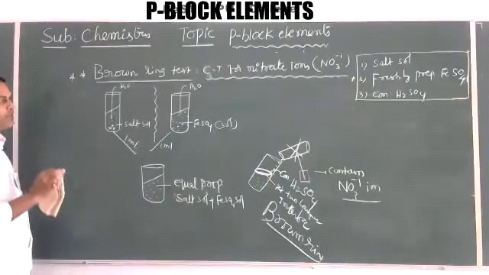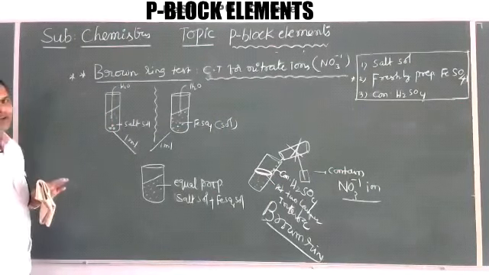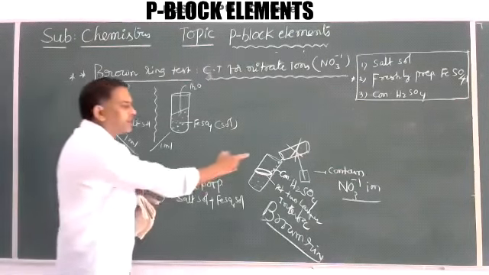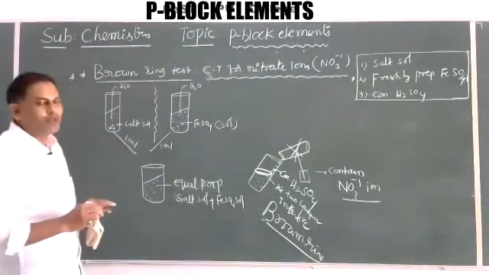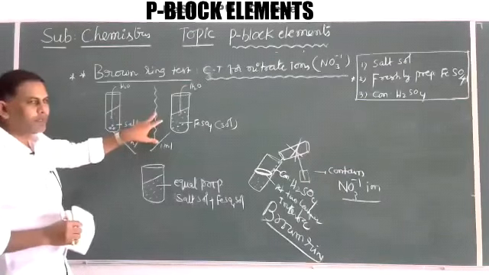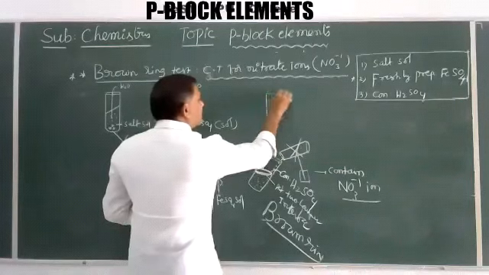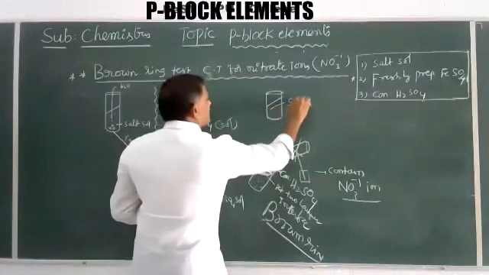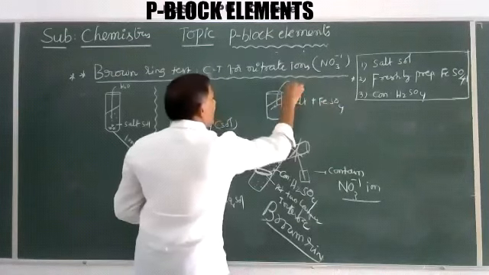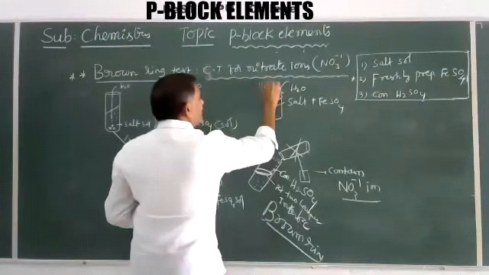So while doing this experiment, carefully prepare the salt solution and the freshly prepared FeSO4, and add the concentrated H2SO4 carefully, drop by drop. People generally make mistakes in this preparation. They take salt plus FeSO4 at a time in one test tube, add water, stir it, and add H2SO4 directly.